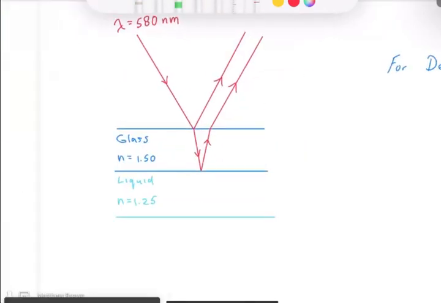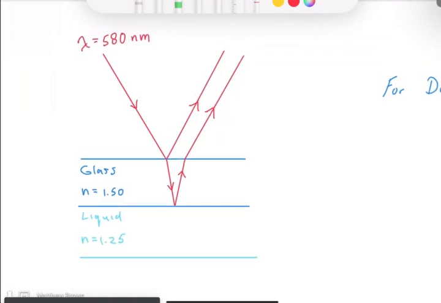So that's really what I want to look at here. I've got the first one going from air to glass, right? So this one is reflected out of phase.